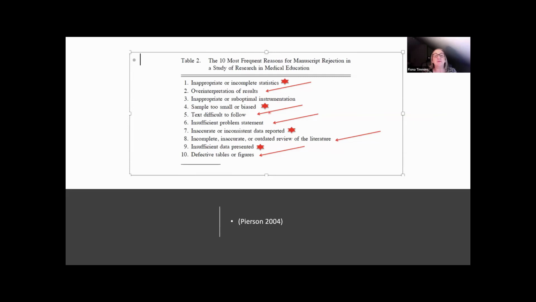That your text is difficult to follow, that you have an insufficient problem statement. So don't be repeating that advanced practice is important for the world, everybody; really dig into what was the impetus for this study? What's the problem? Outdated literature, very important. If you have a reviewer or an editor who knows their stuff, they will spot immediately that you've missed some literature.